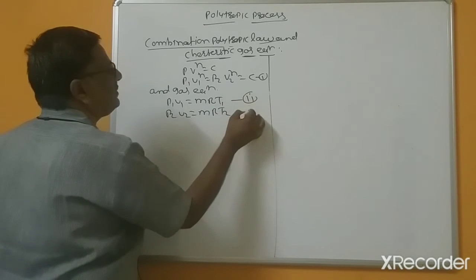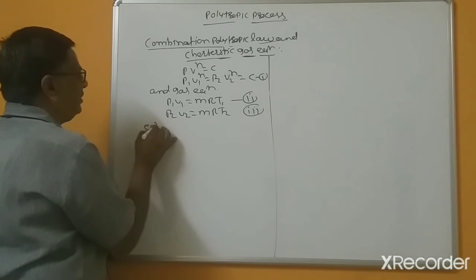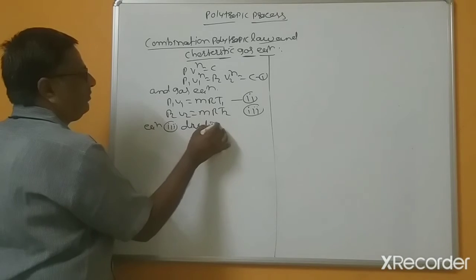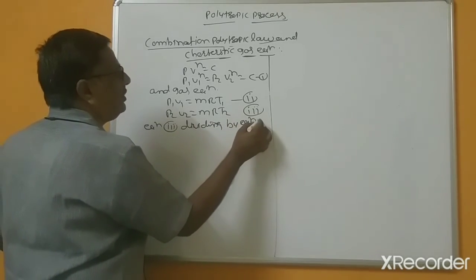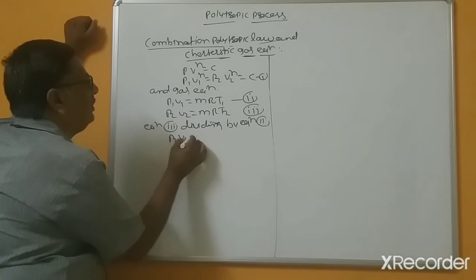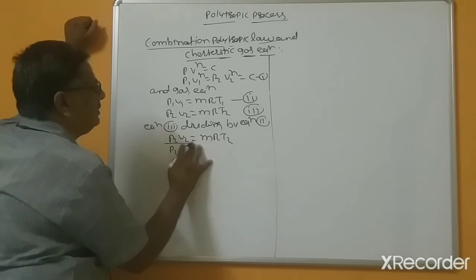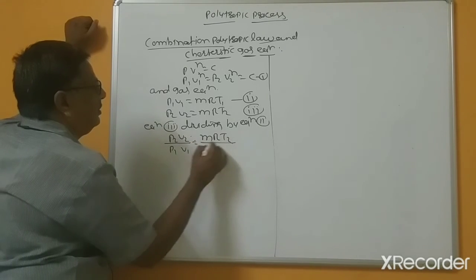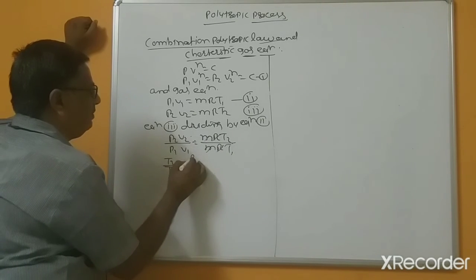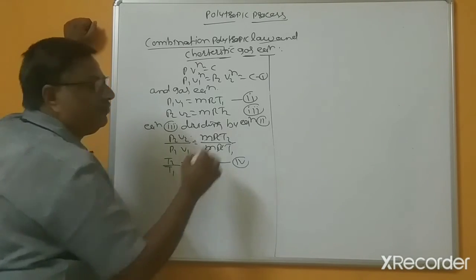Suppose this is second equation and this is equation third. Now equation third divided by equation second, what we will get? This is P2 V2 equal to m R T2 divided by P1 V1 equal to m R T1, this will get cancelled, and T2 divided by T1 equal to P2 divided by P1 times V2 divided by V1. Suppose this is fourth equation.